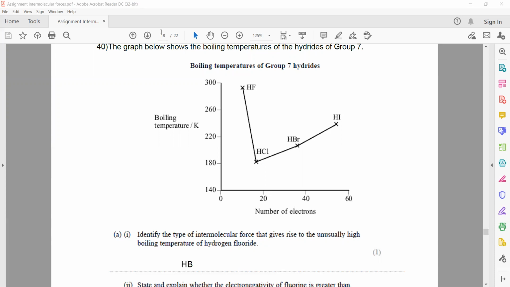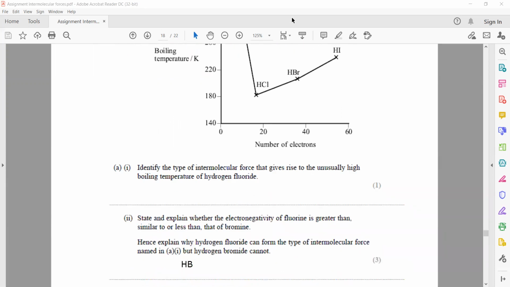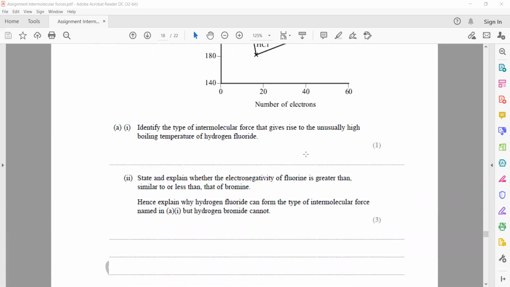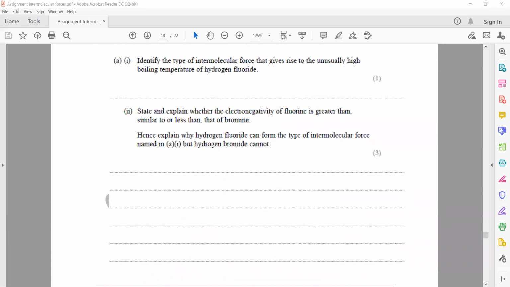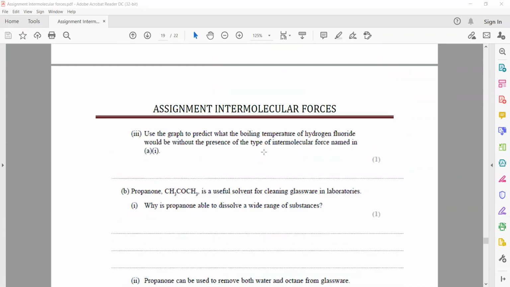Then state and explain whether the electronegativity of fluorine is greater than, similar to, or less than bromine. So fluorine is more electronegative and it will form hydrogen bond. And fluorine is smaller, so less shielding effect. That's true.